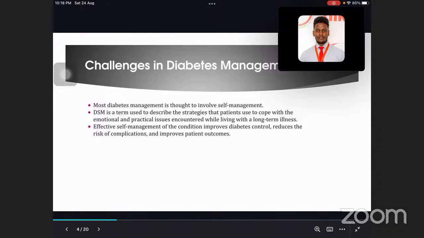Diabetes self-management is a term used to describe the strategies that patients use to cope with the emotional and practical issues encountered while living with a long-term condition like diabetes. Effective diabetes self-management improves the control of the condition, reduces the risk of complications, and improves patient outcomes.